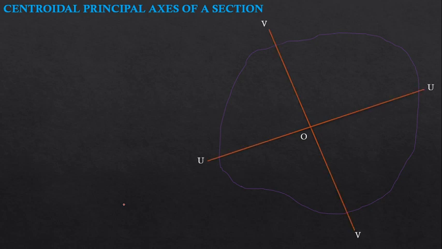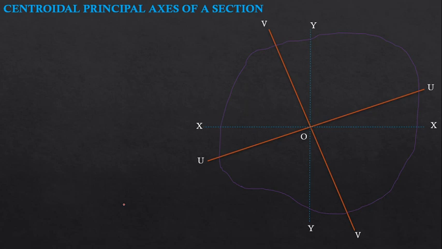Now suppose we have to find the values of the centroidal principal axes of the section. First assume there's an object, the purple line shows the object. O is the CG point with all the axes passing through this point. VV and UU are our new axes, and YY and XX are the different ones.